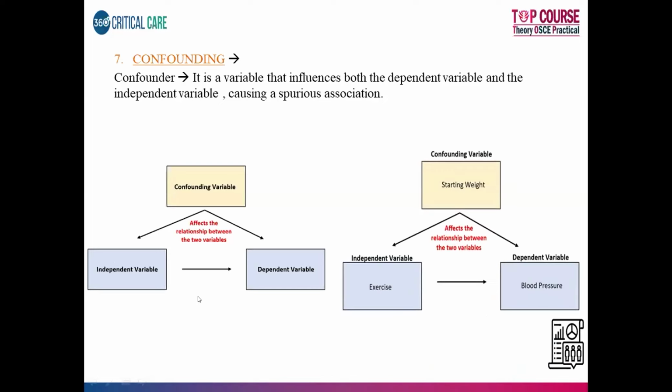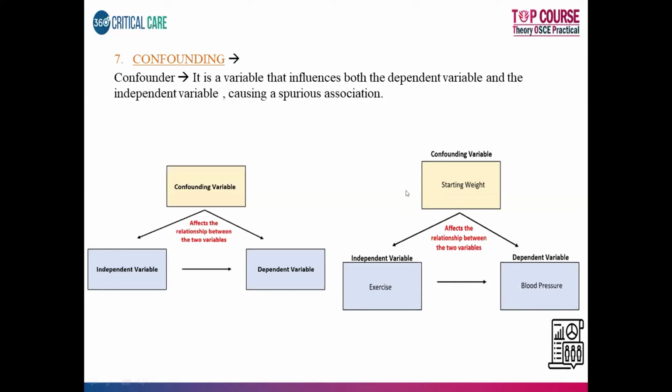Okay, an example for this would be: independent variable here is exercise, whereas the dependent variable is blood pressure. So the ability of the exercise to reduce the blood pressure is the one which we are going to study in one of the articles or studies. So one potential confounding variable here would be the starting weight of the patient, which is correlated with the exercise as well as it has a direct effect on the blood pressure, right?